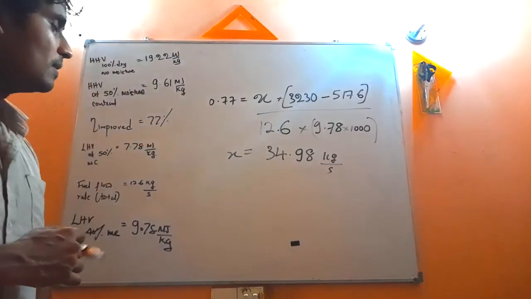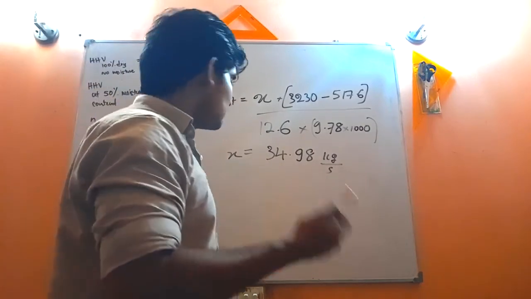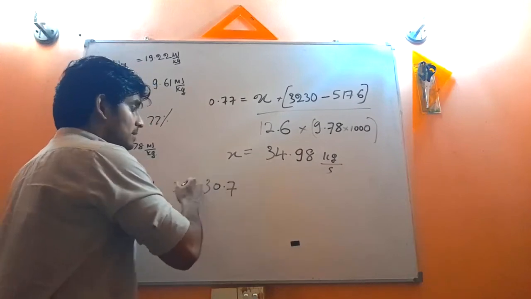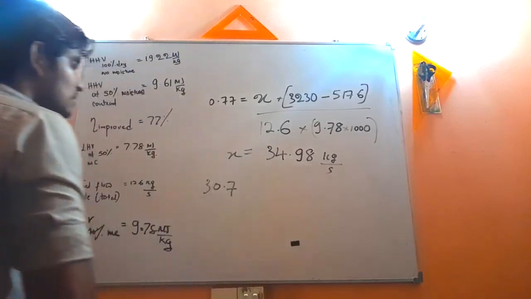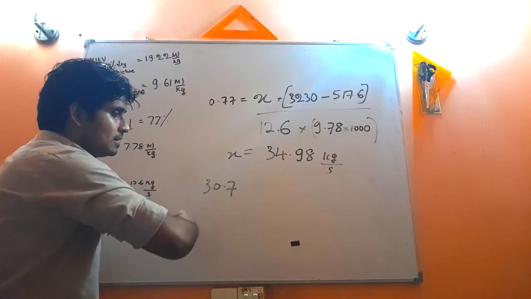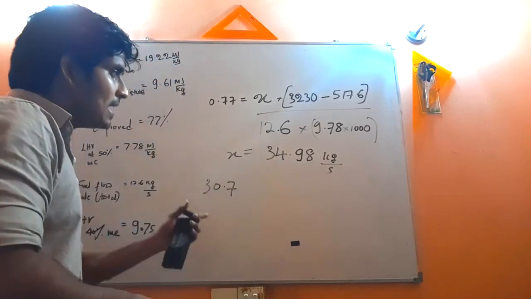So what is the original steam flow rate at 50% moisture content of the fuel? That is 30.7 earlier. Now we have 34.98. So you can very clearly see that there is an improvement in the steam flow rate. The steam flow rate has been increased.